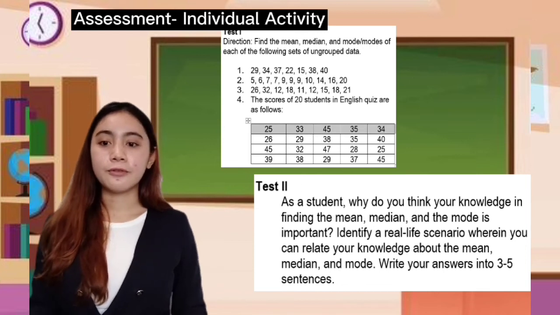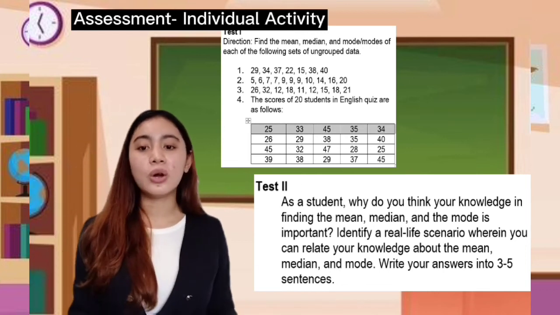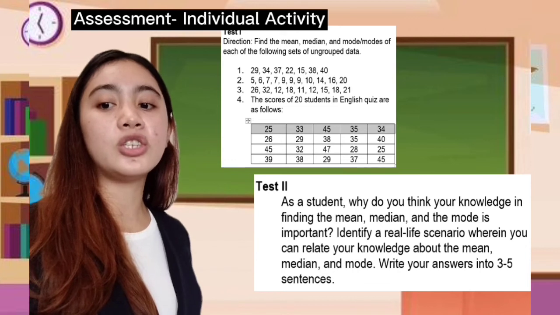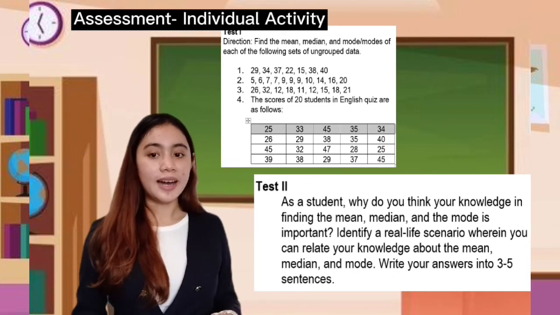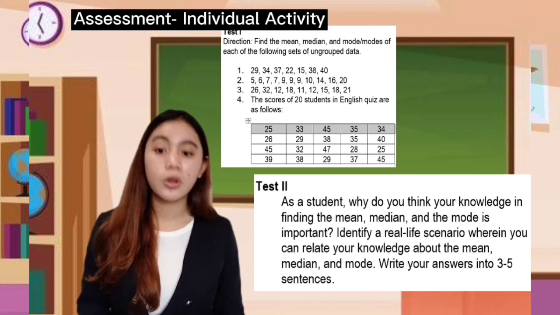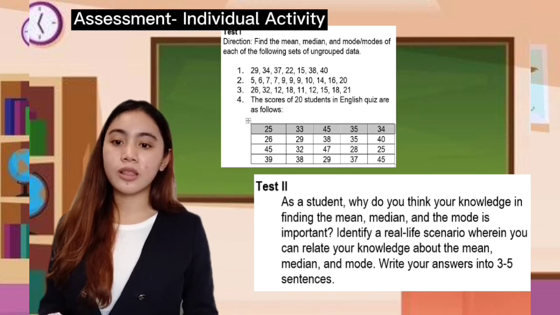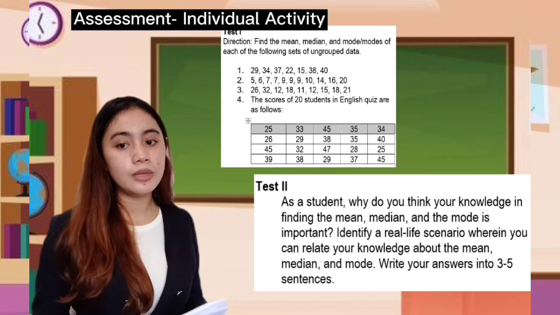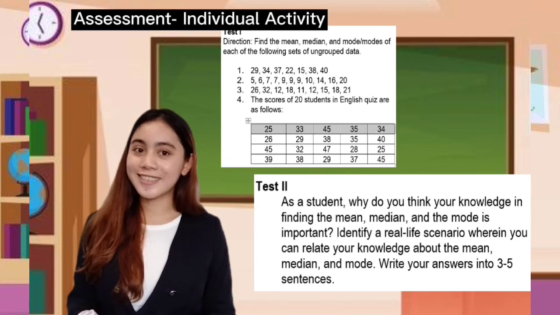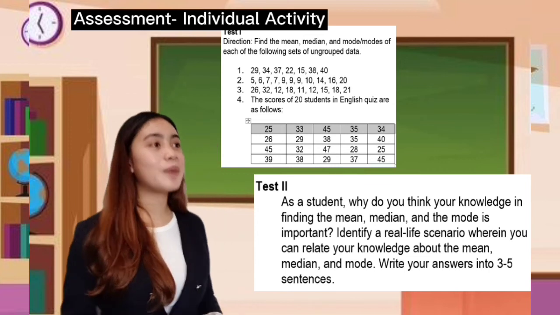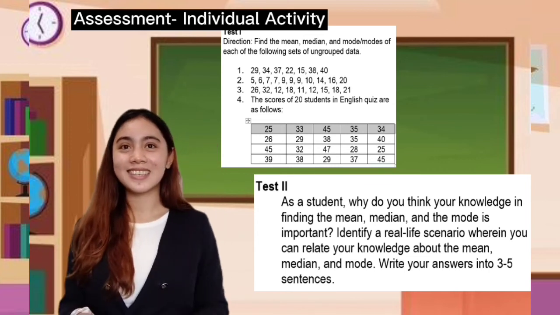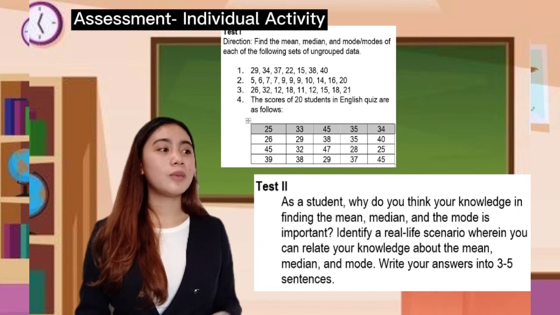For test 2, as a student, why do you think your knowledge in finding the mean, median, and mode is important? Identify a real-life scenario wherein you can relate your knowledge about the mean, median, and mode, and write your answers in 3 to 5 sentences. Okay, am I understood, students? Alright, you may now start.